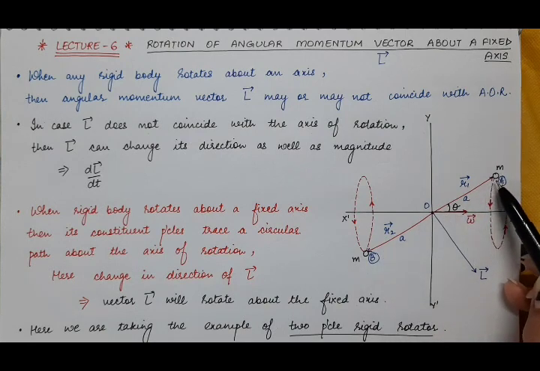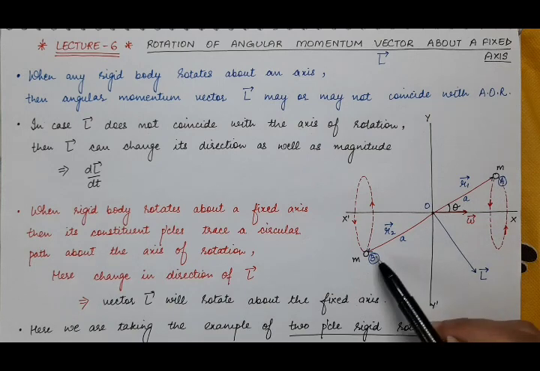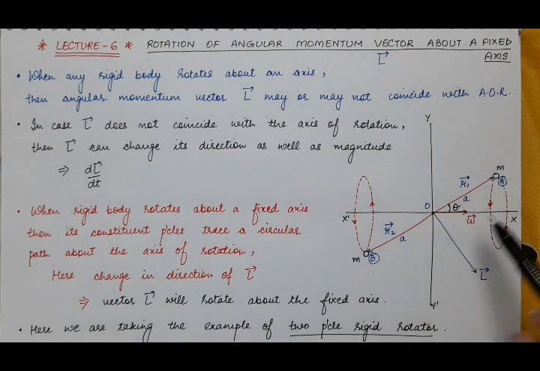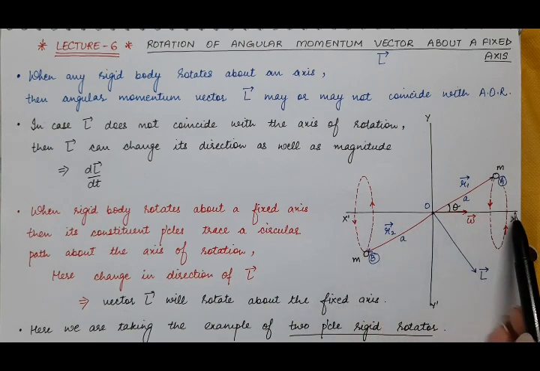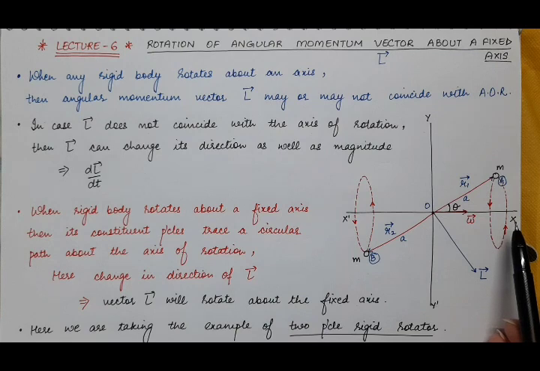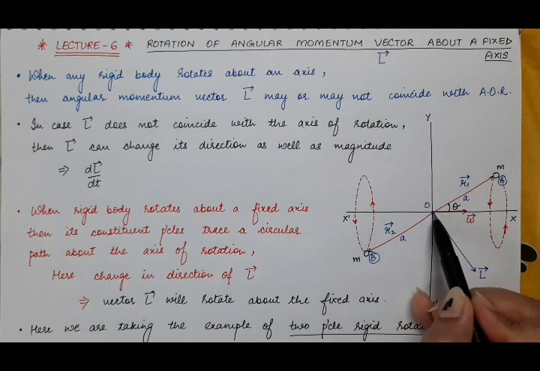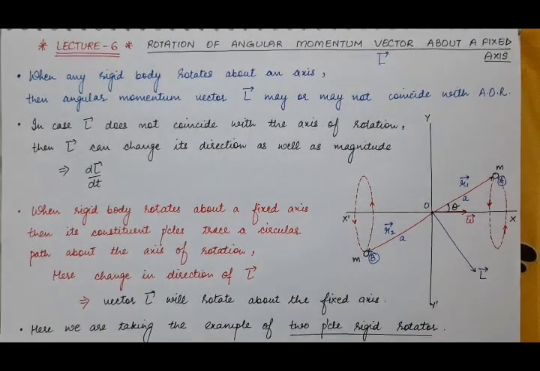This is a massless rod of any length, and the two equal point masses are joined with the help of this massless rod. This two particle rigid rotator is rotating about this axis, and this axis, which is the x-axis, is the axis of rotation, and it is passing through the center of mass of this two particle rigid rotator.